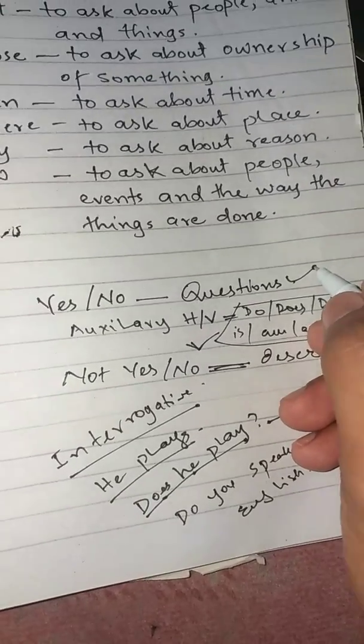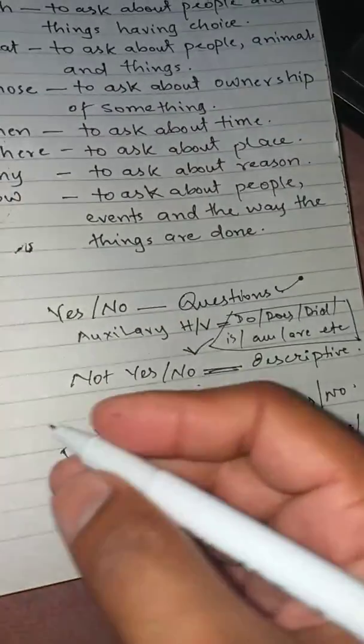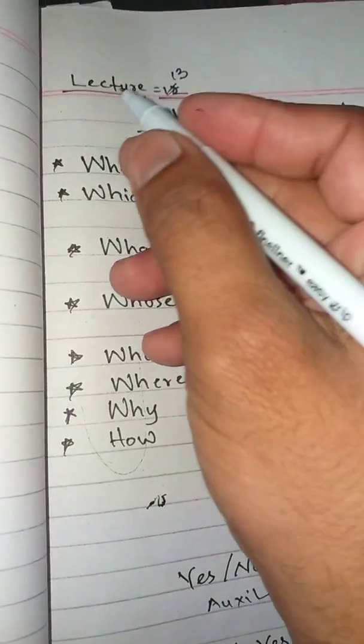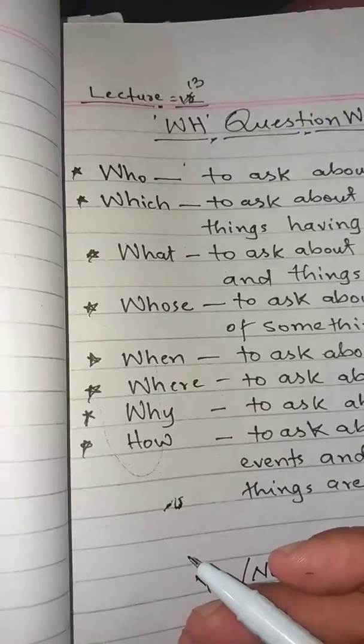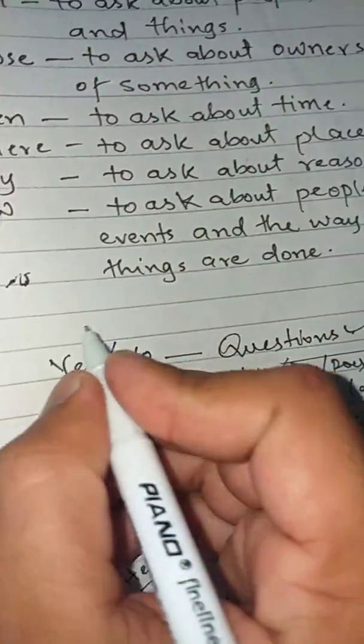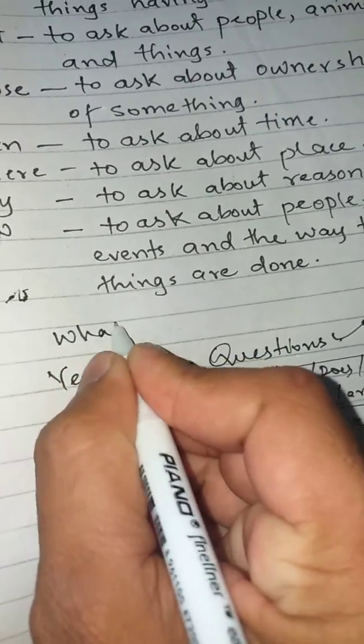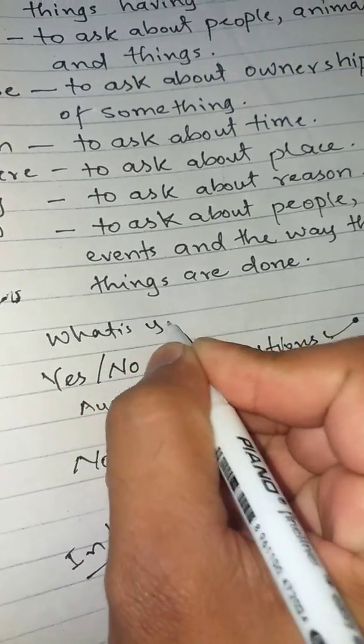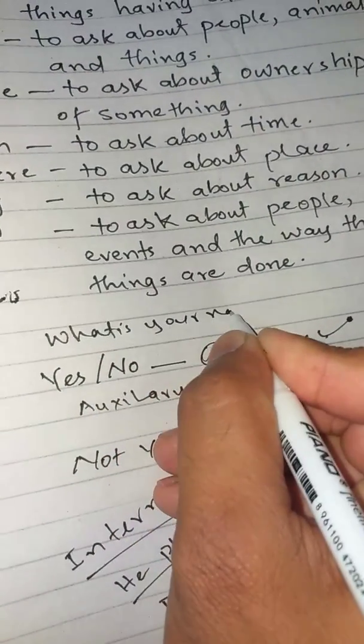But if the questions are made by using these WH, now you have to give the descriptive statement. For example, if I ask you, what is your name?